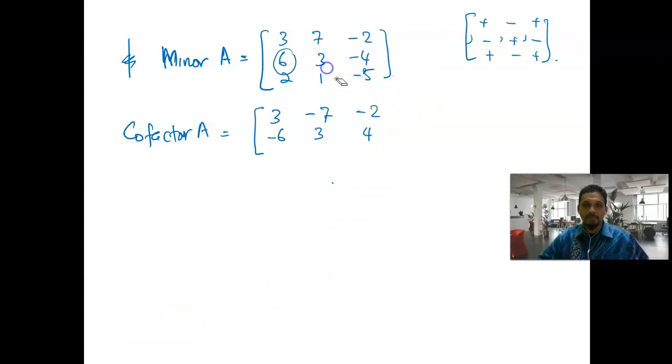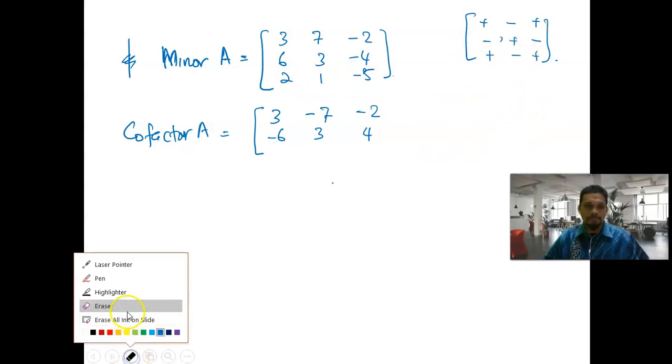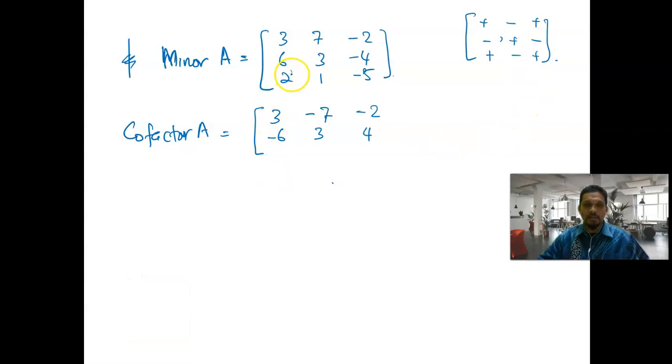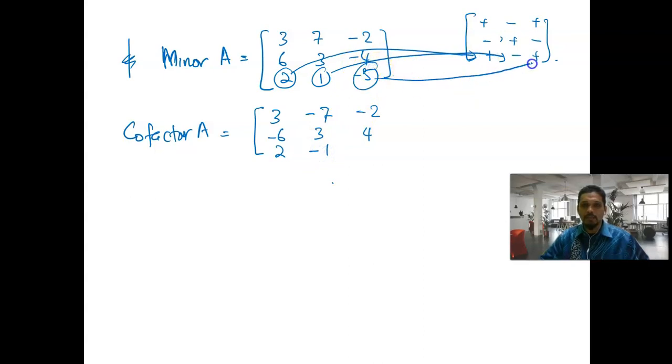Okay. Then 2 multiplied with positive, it gives you 2. 1 multiplied with negative gives you negative 1. And negative 5 multiplied with positive here equal to negative 5.